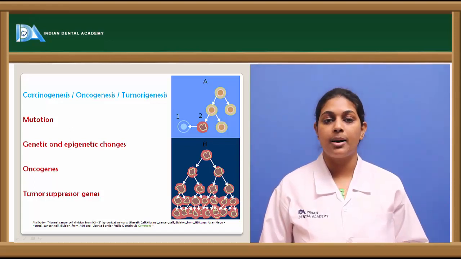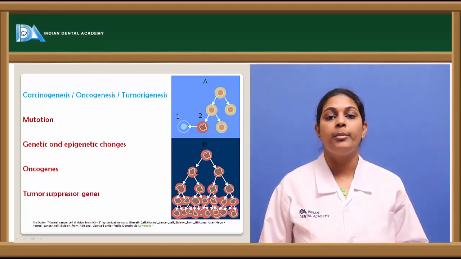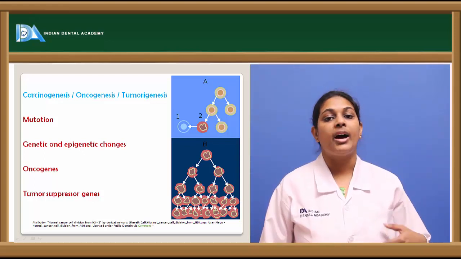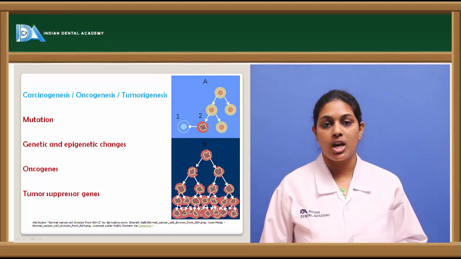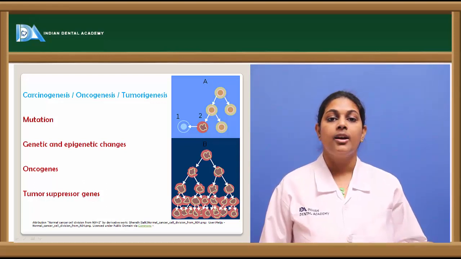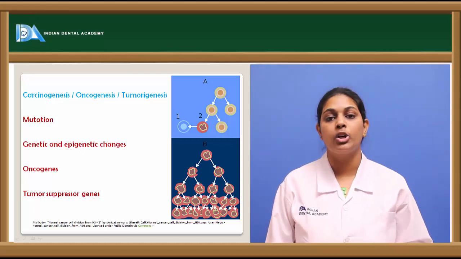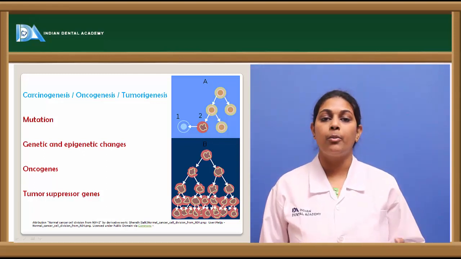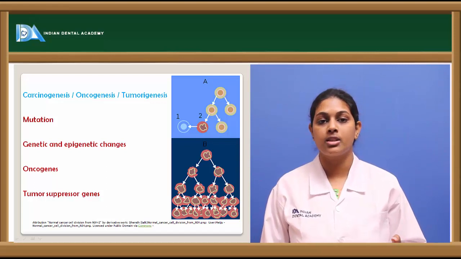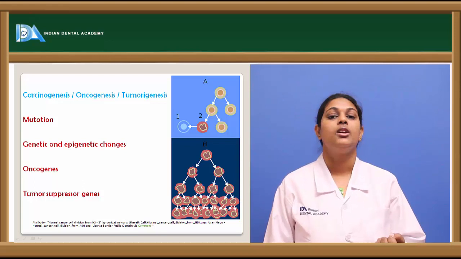But when these genes are activated, they form oncogenes, that is, they promote the neoplastically transformed cells. Rather than being suppressed by the anti-oncogenes, these cells are promoted, that is, the mutated cells are driven to divide further. This is what oncogenes are.